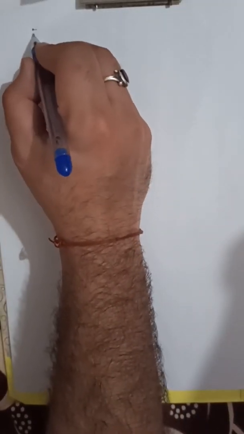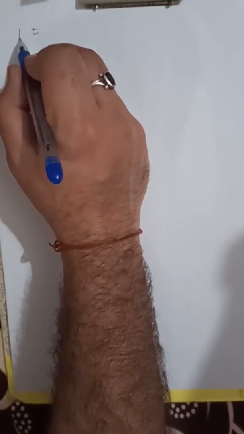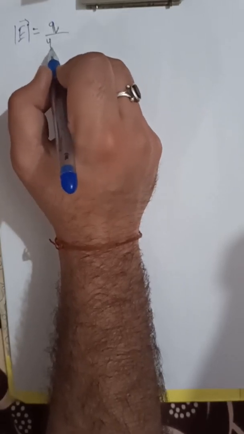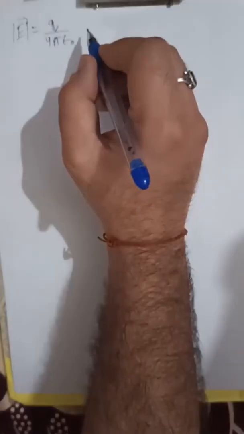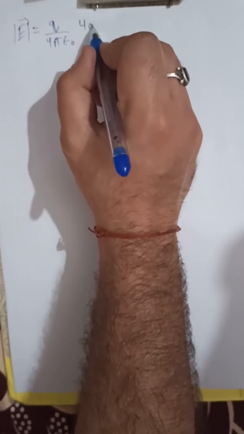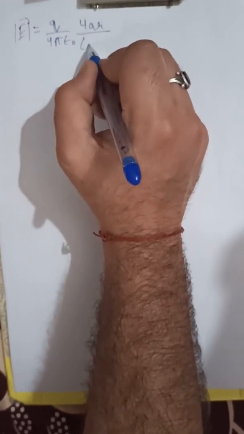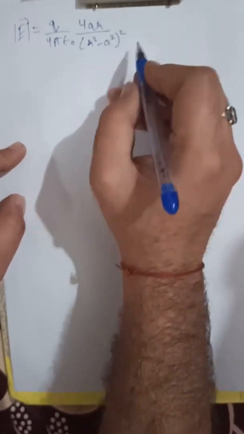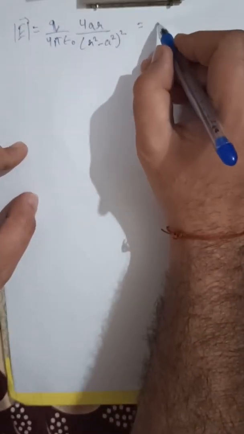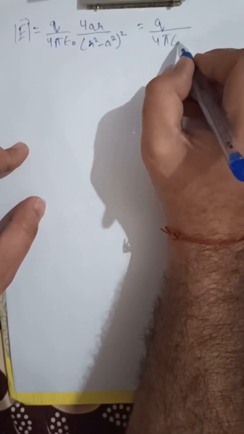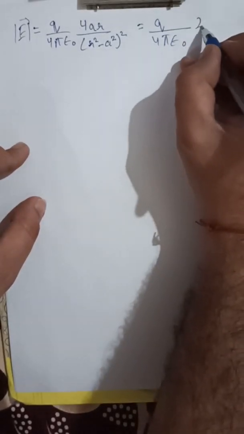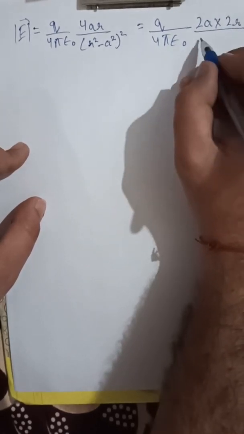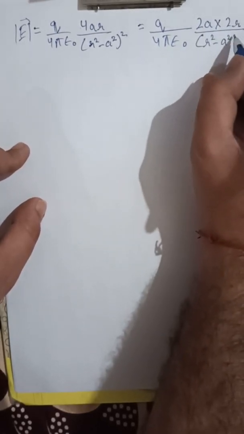So now what we get is Q by 4 pi epsilon naught into 4AR upon (R square minus A square) whole square. Can we write this as 2A into twice of R upon (R square minus A square) whole square?